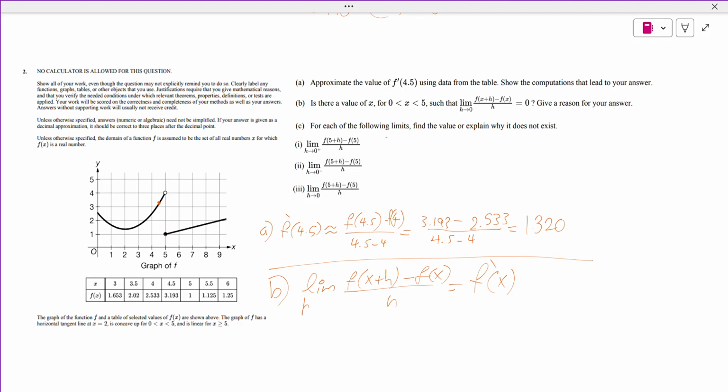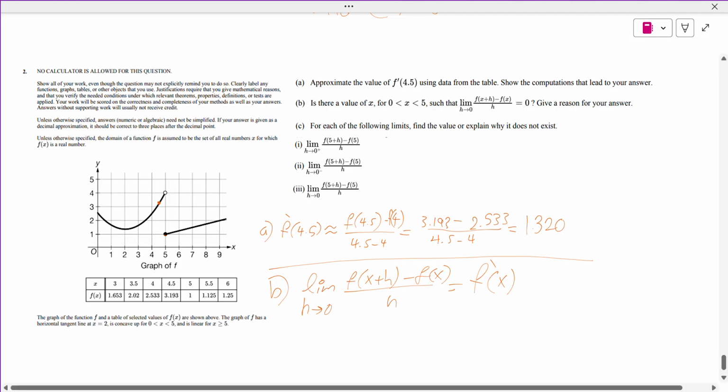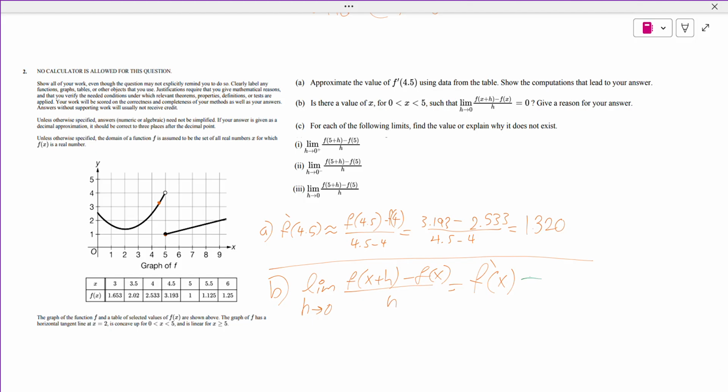So the question is asking, is there a value of x at which the derivative equals 0? Well, yes. At which x value?